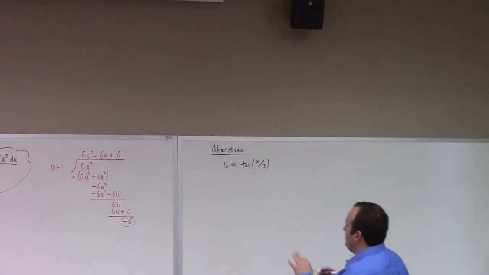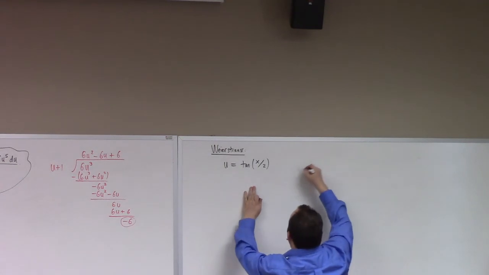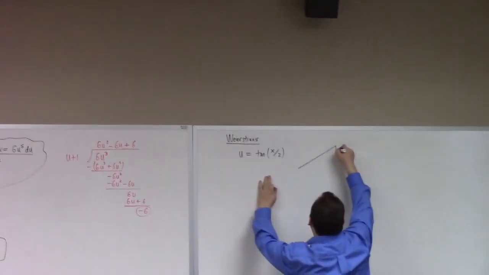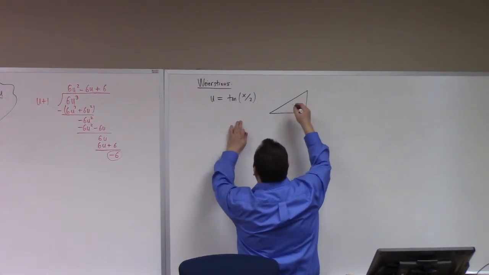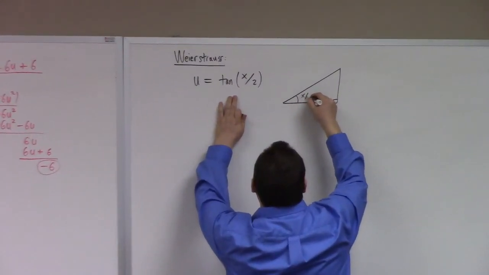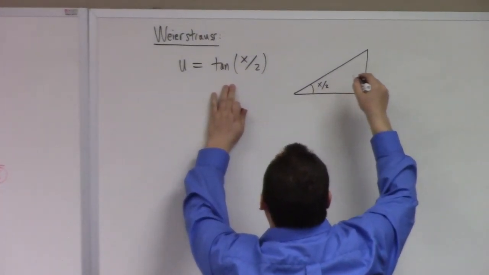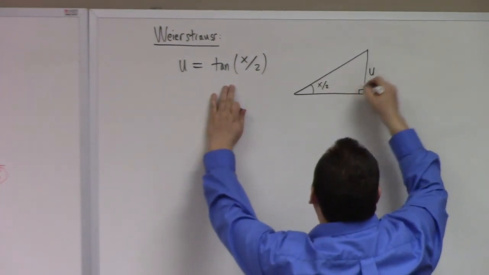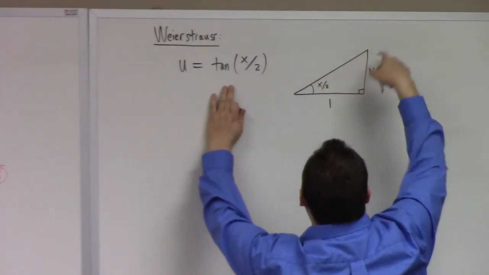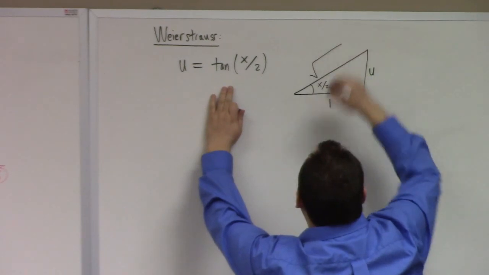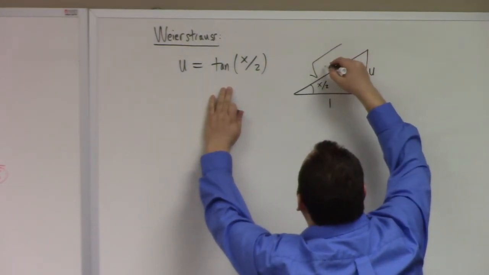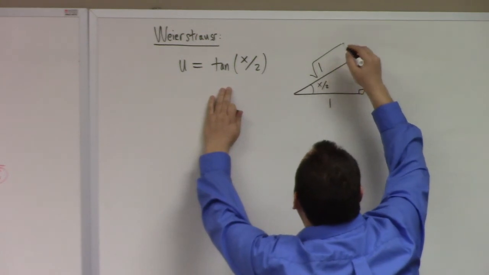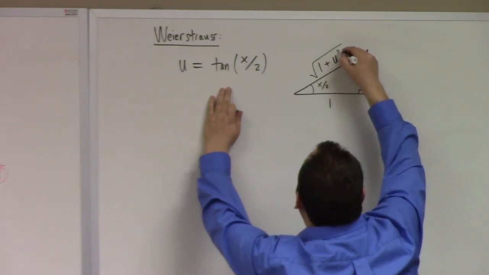This substitution will allow us to convert a rational function of sine and cosine to a rational function in u in the following way. So if this is u, I can draw a triangle for it, right? The triangle would have this angle, x over 2. Let's see here, we'd have u here, and 1 here. What would the hypotenuse then be? Yeah, 1 squared, so square root of 1 plus u squared, right?